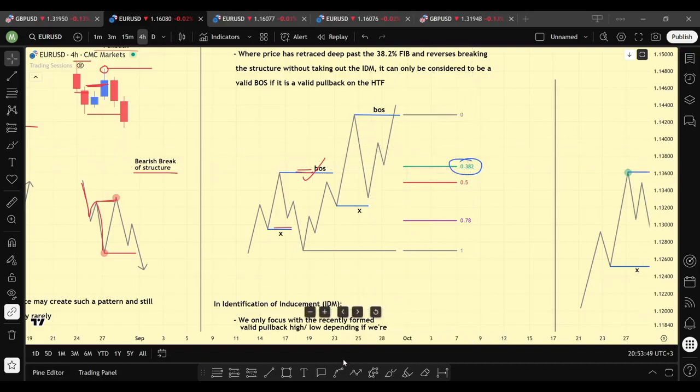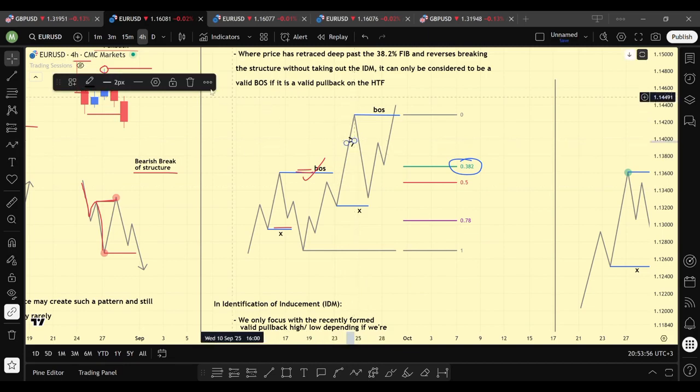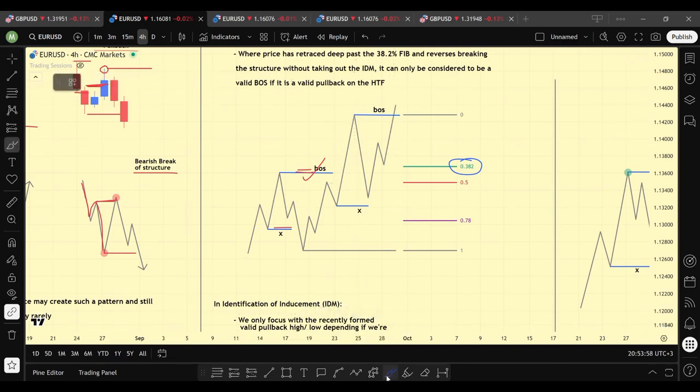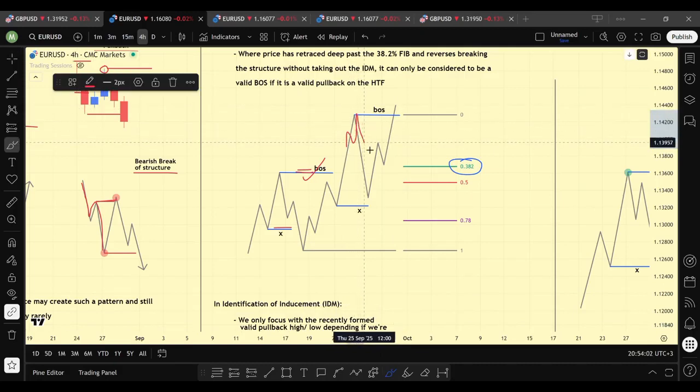Let me delete this and use this brush. Let's say the pattern was created somewhere there, and price took out the low and then reversed back. And this retracement was not deep enough past the 38.2. You can clearly see that the 38.2 is exactly right here.